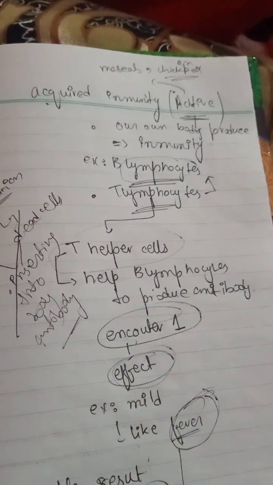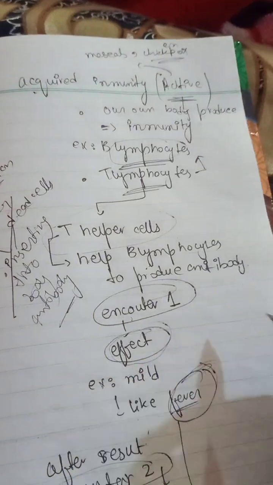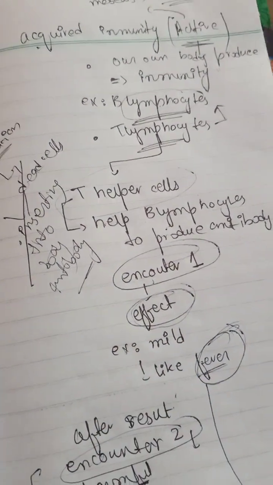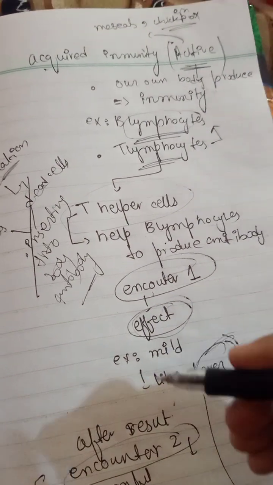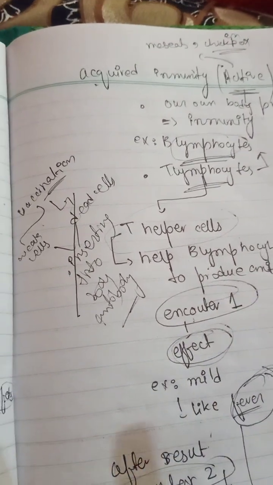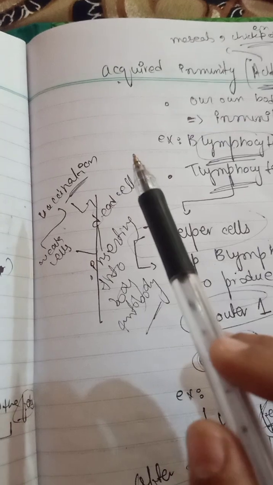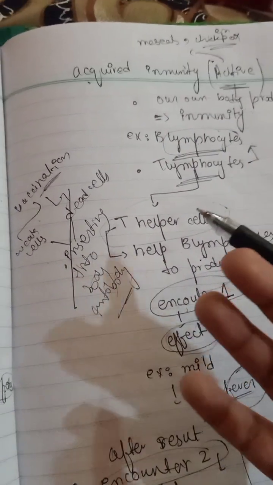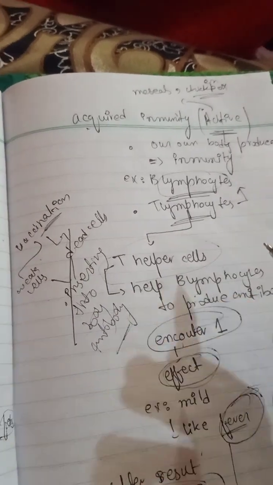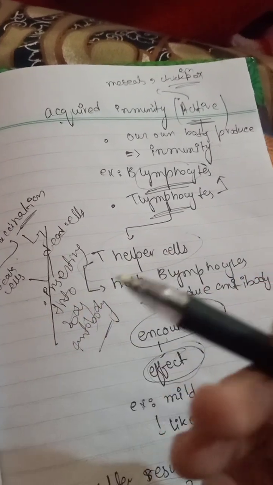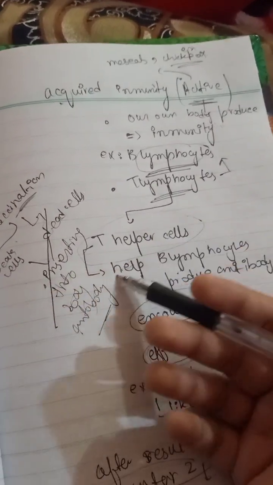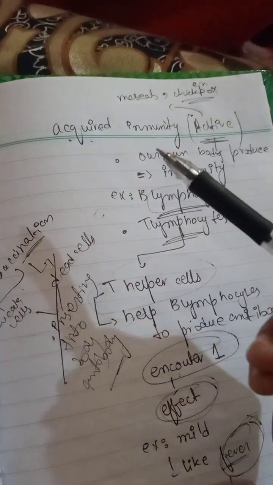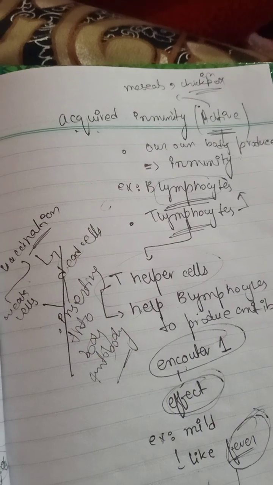That is the prevention from the disease, and that's why we use vaccines. Likewise, we have encounter 1 and encounter 2. From the vaccine we get antibodies, and the antibodies fight against the pathogen. That is good for our body.